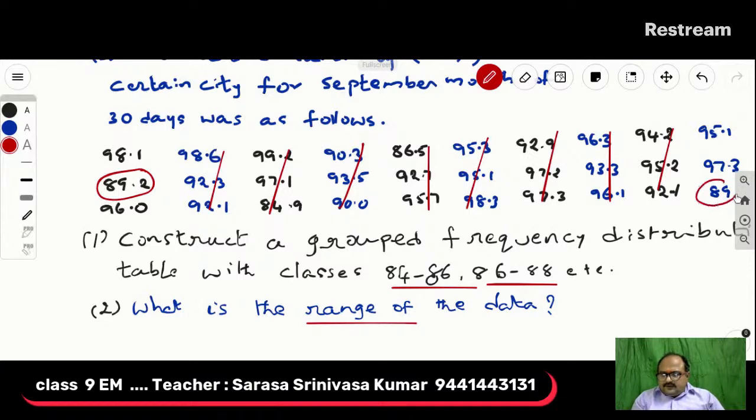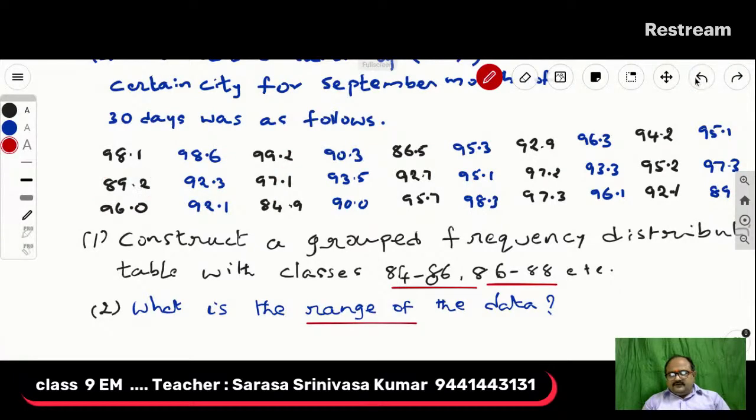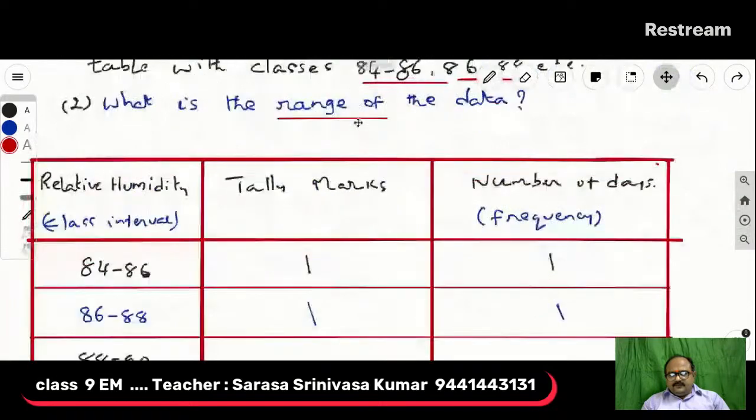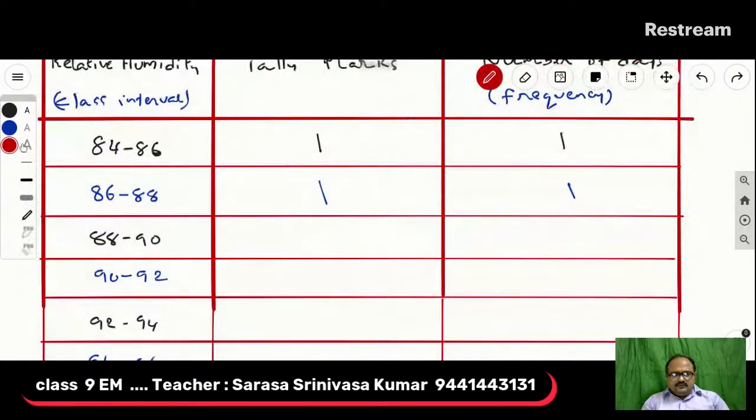Another observation is there, 89. So the total number of observations in this class interval is 2: 89.2 and 89. So we note down here 2. Tally marks are 2, and 2 is the frequency.